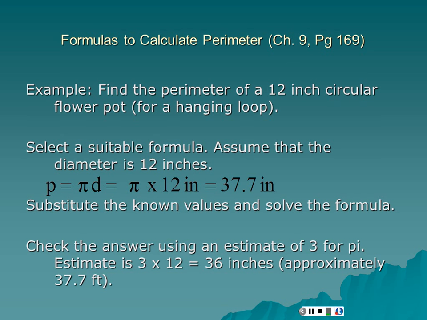Here, once you have multiplied by 3.14159, which is pi, you will get 37.7 inches, and that's the right answer. But sometimes you will want to convert it to some other unit. You can do that because you know that 36 inches make 3 feet, so it's a little bit more than 3 feet.